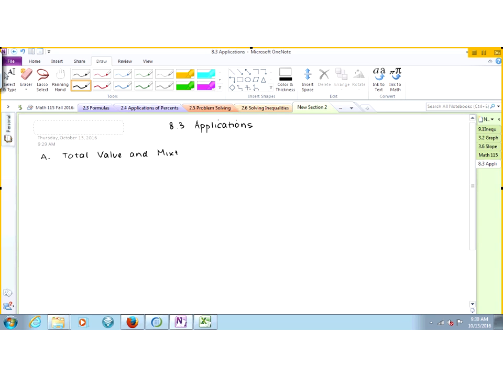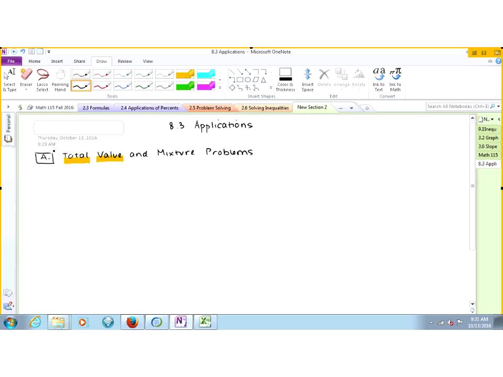When we say total value, it means there is a total amount and the total value. So it's not just the total value. What do I mean by that? Let's talk about it. It looks something like this.